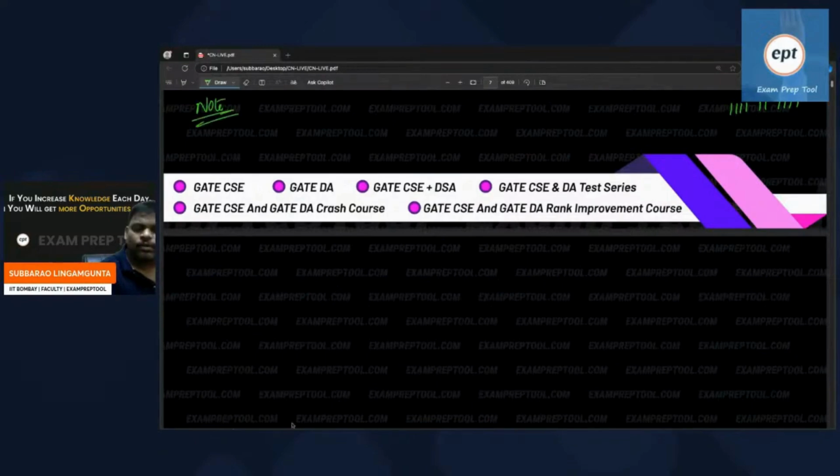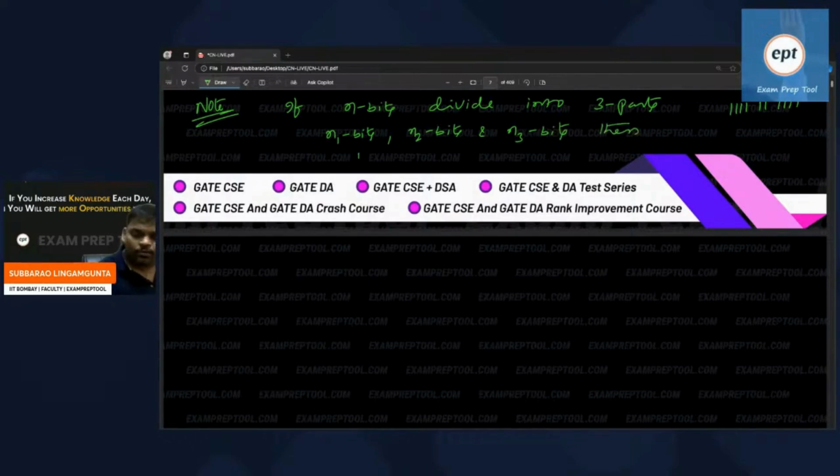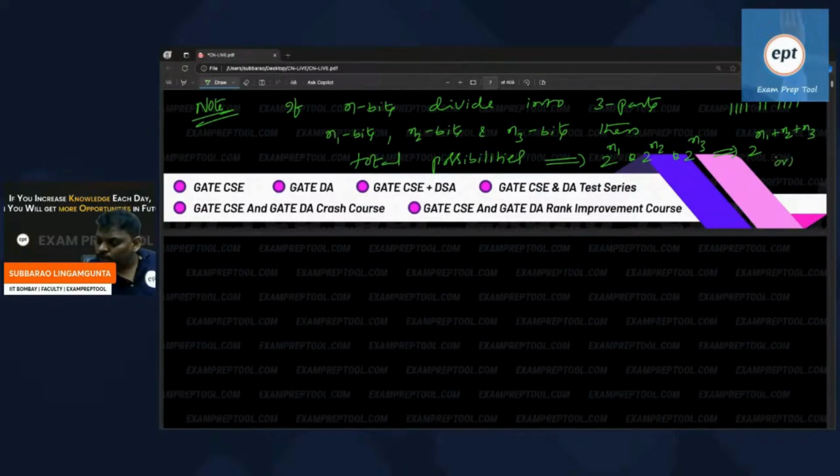Note: if n bits are divided into 3 parts, n1 bits, n2 bits, and n3 bits, then total possibilities is equal to 2 power n1 into 2 power n2 into 2 power n3, which is equal to 2 power n1 plus n2 plus n3, which is equal to 2 power n.